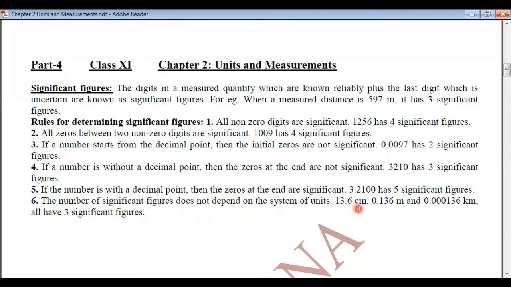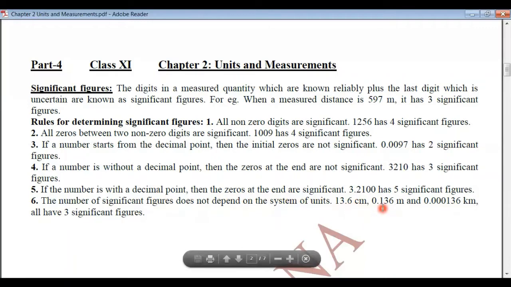For example, 13.6 centimeter can be written as 0.136 meter, or it can be written as 0.000136 kilometer. In each of these values, the number of significant figures is the same, that is 3. Let us consider 13.6 centimeter.